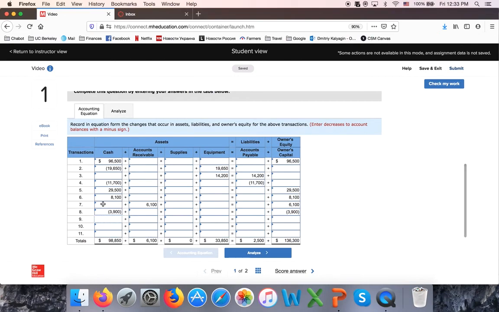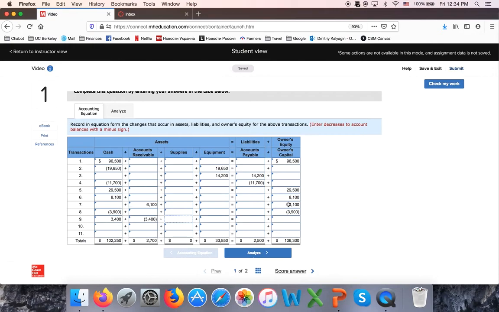So what happens? My cash goes up, 3,400, and my receivables go down. I have received, so it's no longer receivable. What's the balance I have to collect? Right here, 2,700, right? I sold 6,100 on credit. I've collected 3,400, so I have 2,700 still to collect next month.